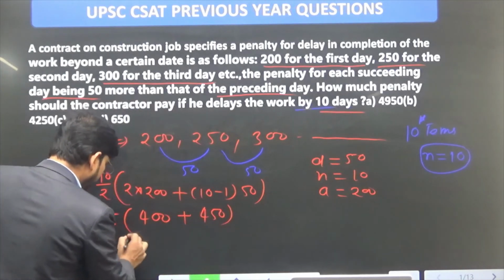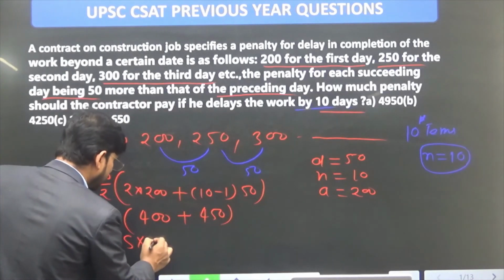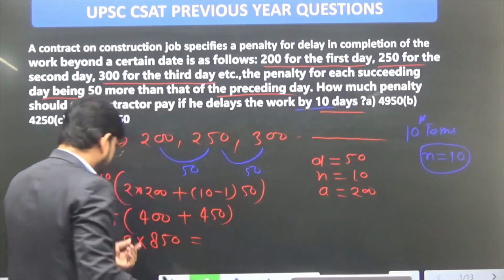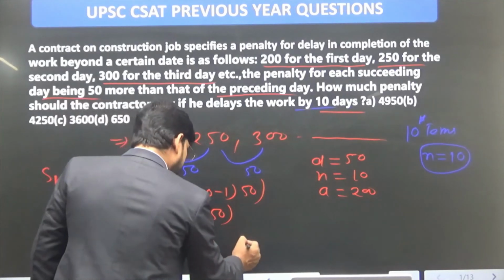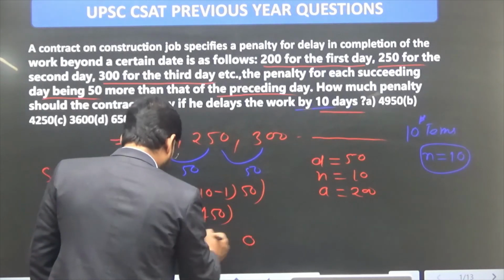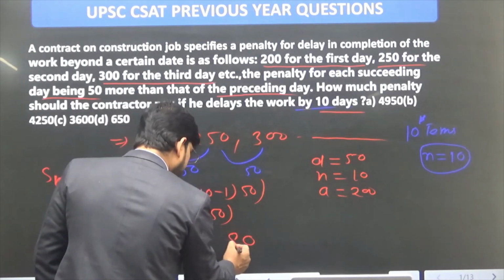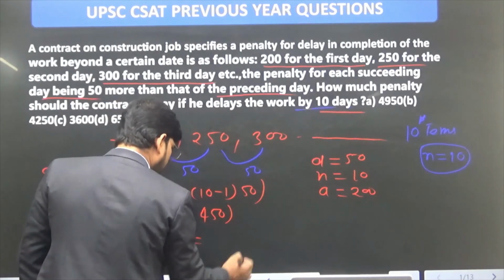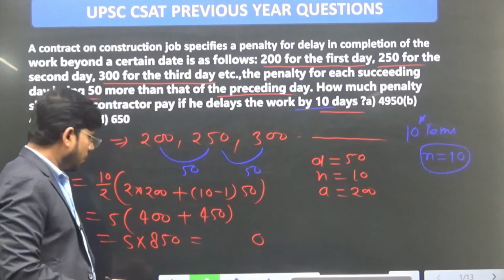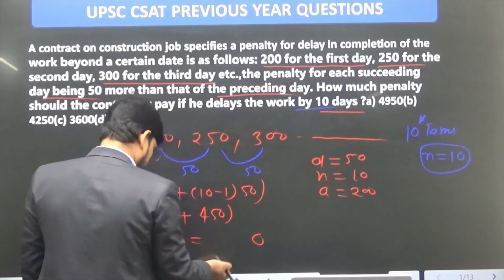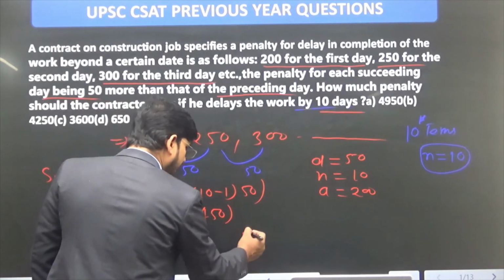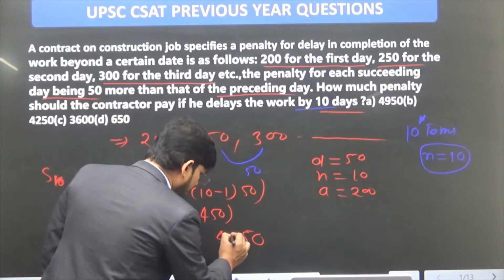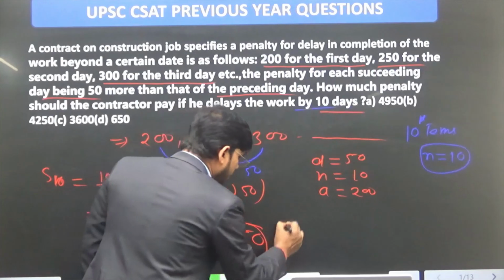So overall we will get 5 into 850, and if we multiply it we will get 4250 rupees.